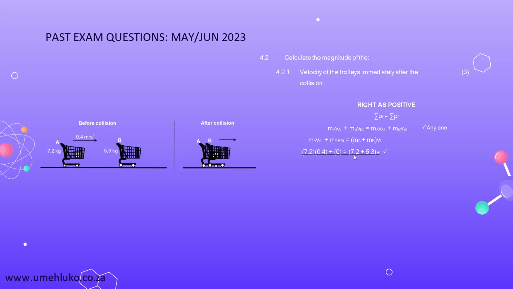Since they are moving coupled together, we put them together in a bracket and calculate the final velocity. Eventually, if you work out and transpose, collecting the like terms, the velocity will be 0.23 meters per second. So that's case number 1.